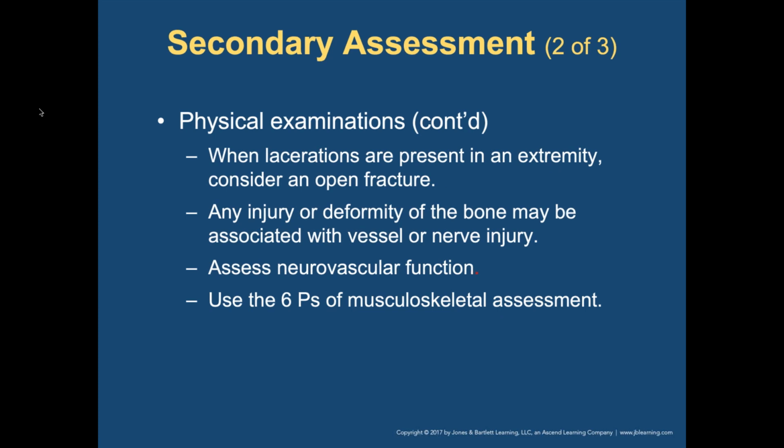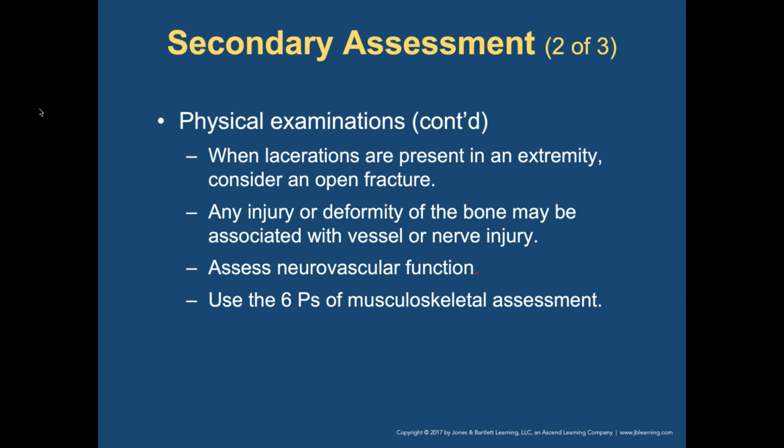You must assess your neurovascular function every 5 to 10 minutes during the assessment, depending on the patient's condition, until he or she is at the hospital. Always recheck the neurovascular function before and after you splint or otherwise manipulate a limb. You only get one chance to set that limb in an anatomical position and obtain a pulse.